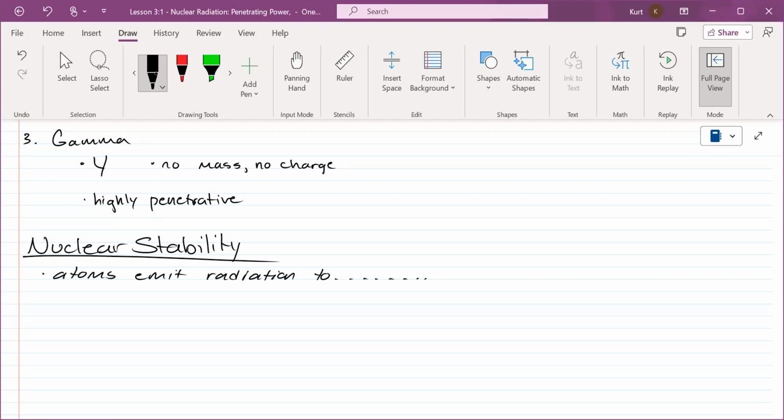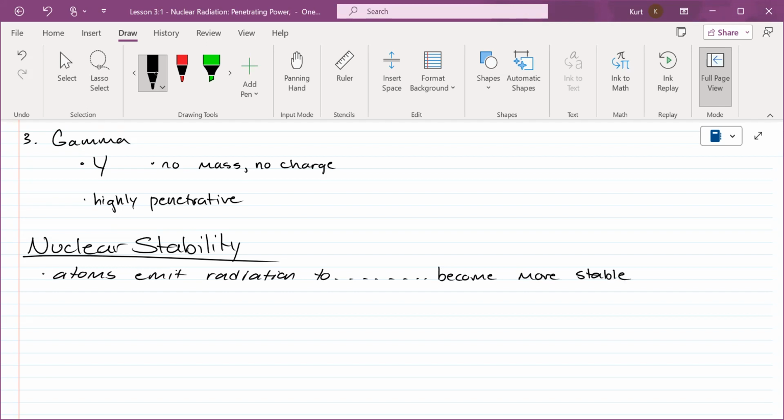Why do they emit radiation? Varun, I wish everyone was more participatory like you. Go ahead, Madeline. Bingo. To become more stable. That's the name of the game.